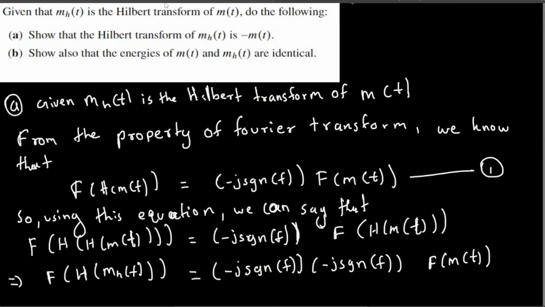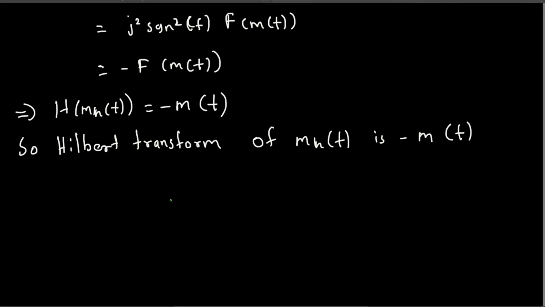Okay, and the B part is asking show also the energies of M of T and MH of T are identical. So we have to just show the energy of M of T and the energy of MH of T are both the same. So let's look at the energy equation.